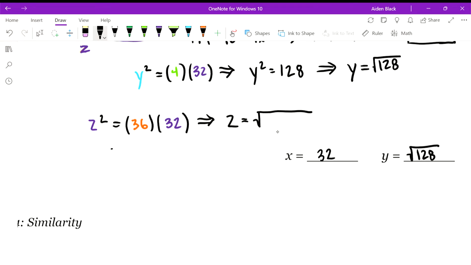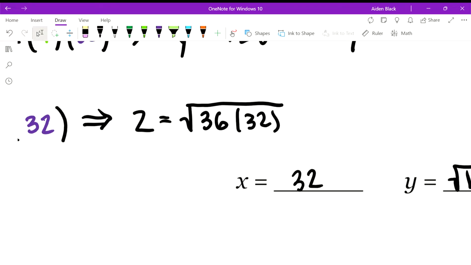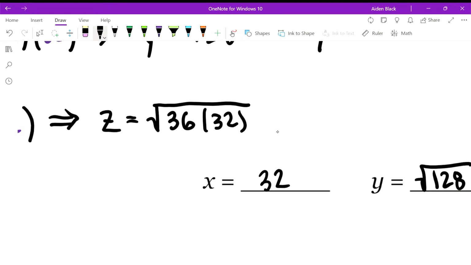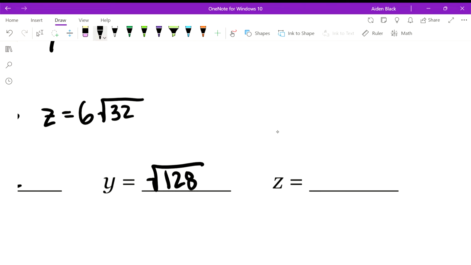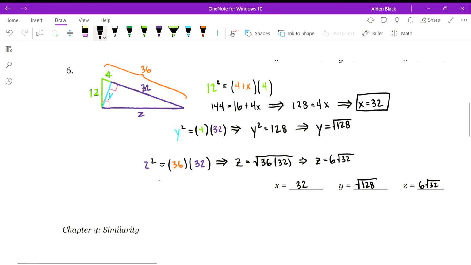And you'll see this is actually easier to reduce because you already have a square in there. Notice 36 is a square. So Z is equal to the square root of 36 times 32. We know the square root of 36 is 6. So here's our 6, and then we'll just leave the square root of 32 under there. This can be reduced further, but once again, I want you to take the easiest route to get to the right answer. So that's what we're doing there.